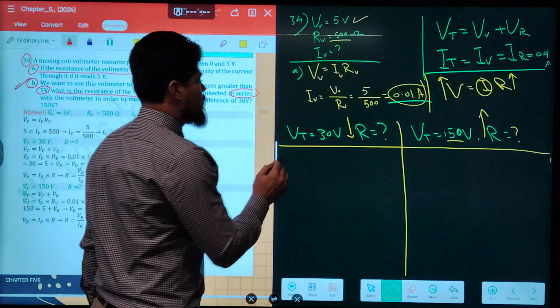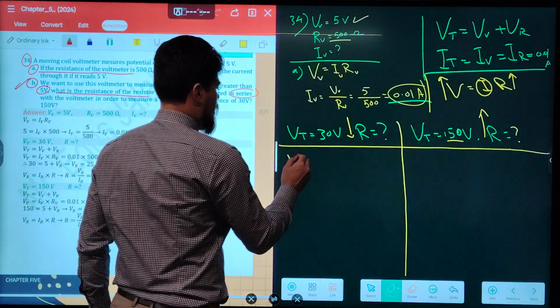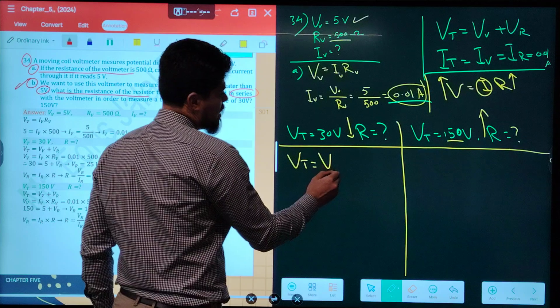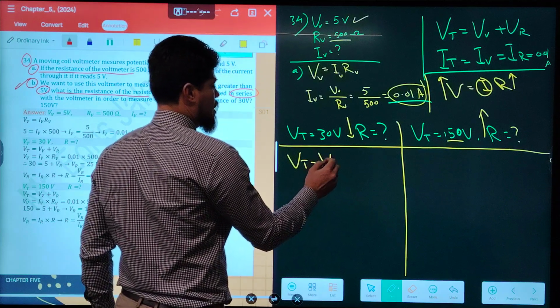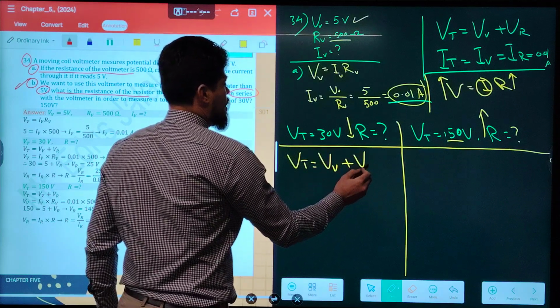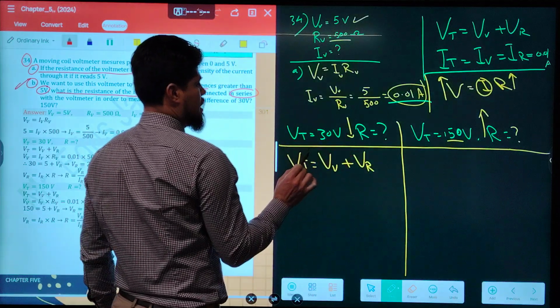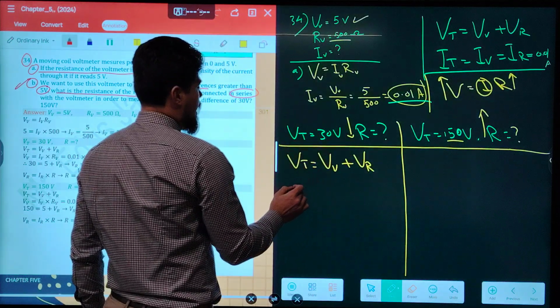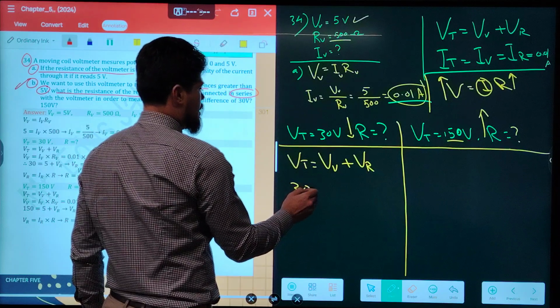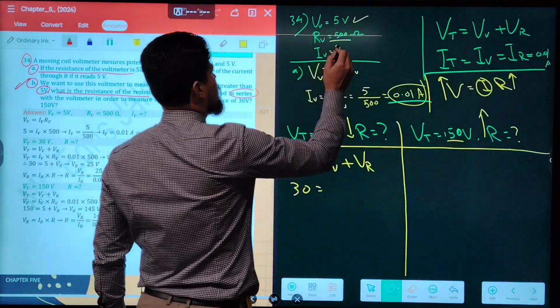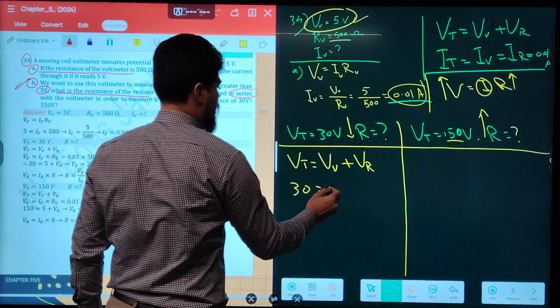In series connection, when V total is 30, V total is equal to what? Voltage across the voltmeter plus voltage across resistor. What is unknown? Resistor is unknown. The resistance is unknown. Do we have V total? Yes, 30. Volt across voltmeter, yeah, we have 5 volt.